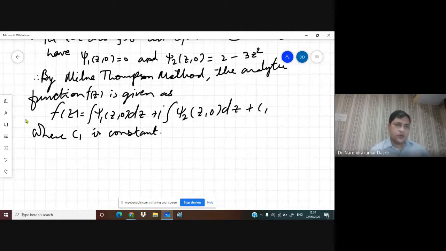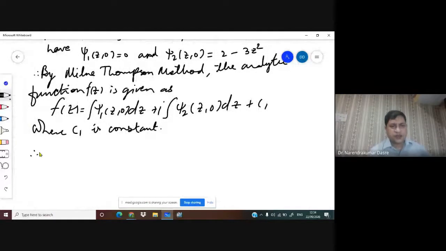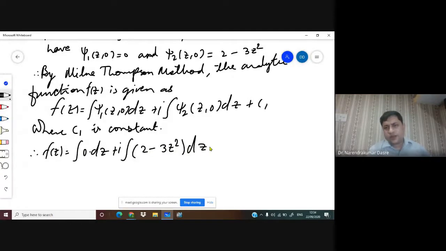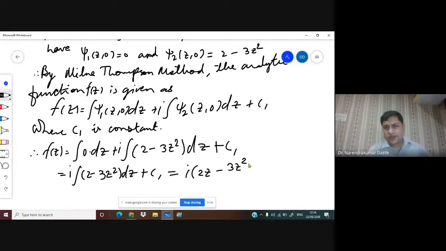And now we know what psi 1 and psi 2 are. So we are able to write the analytic function f of z as integration 0 dz plus i integration 2 minus 3z square dz plus c1. So this is i into 2z minus 3z cube by 3, plus c1.